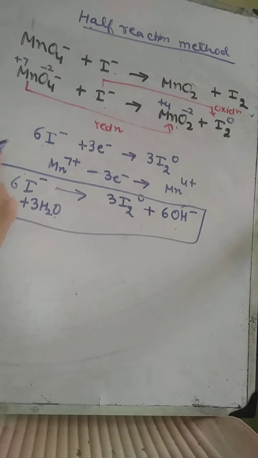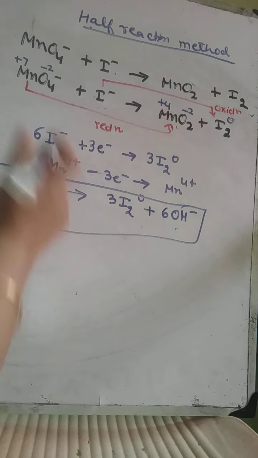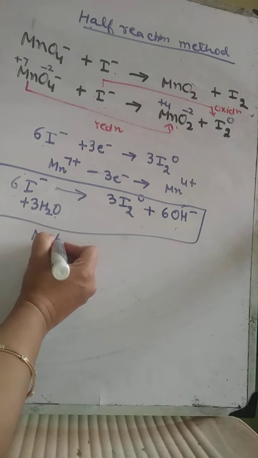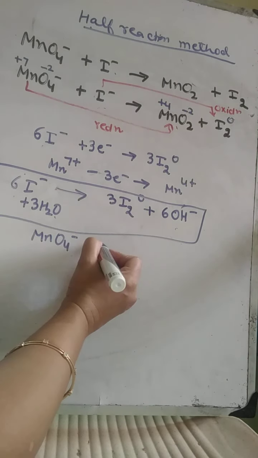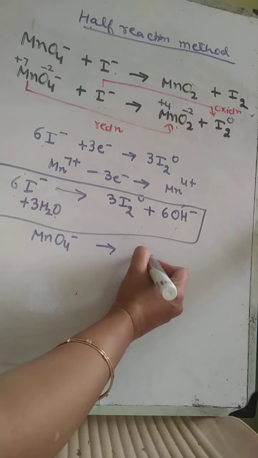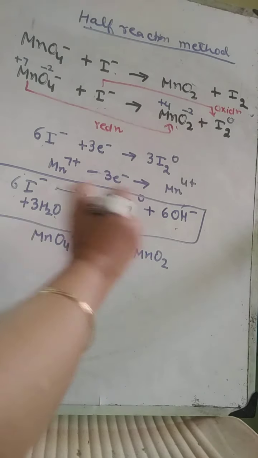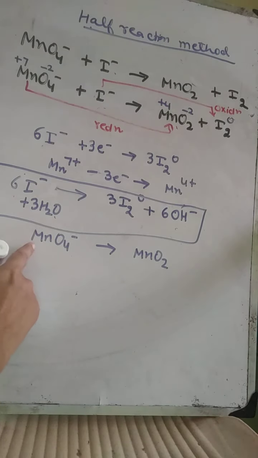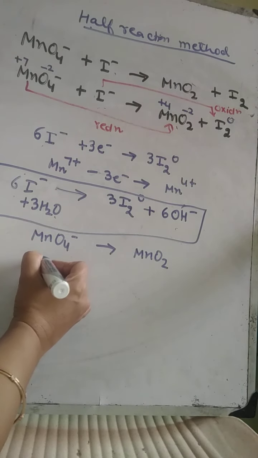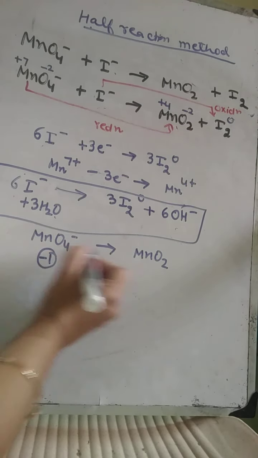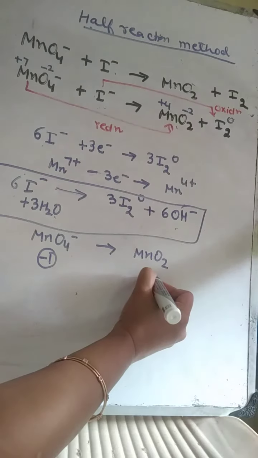Now I will move on to this manganese equation. So I will write MnO4 negative will give me MnO2. Now check the charge on left hand side. Left hand side charge is -1, right hand side charge is 0.